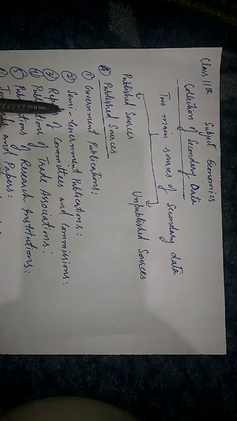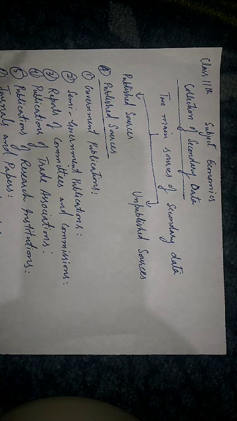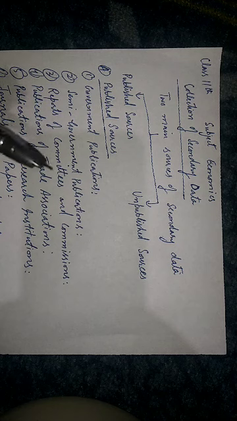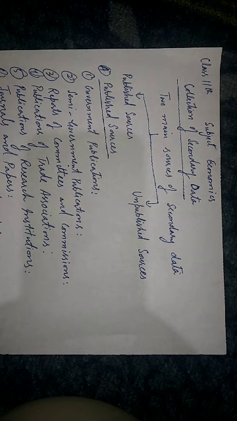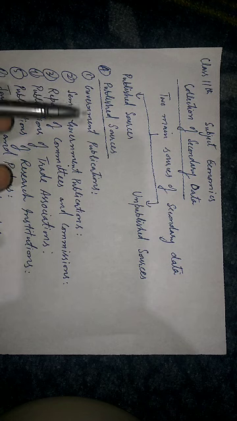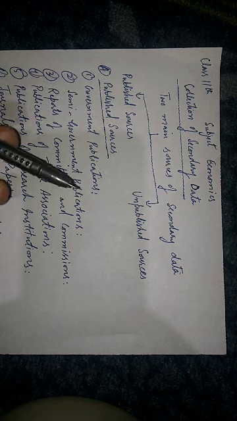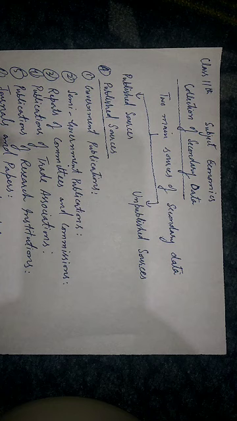Second, published sources, semi-government publications. Semi-government bodies such as municipalities and metropolitan councils publish data relating to education, health, births, and deaths. So these data are also fairly reliable and useful.